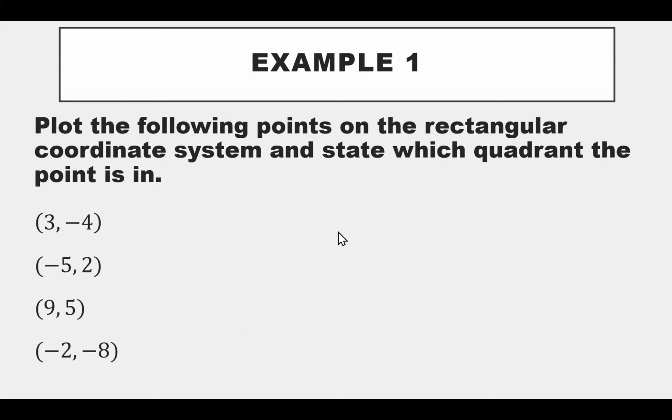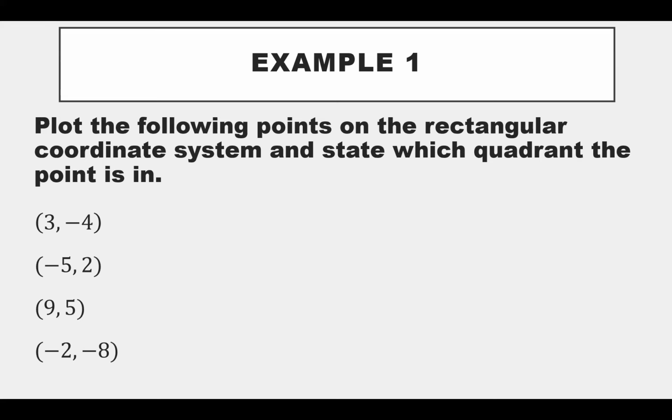So let's go ahead and plot some points on the rectangular coordinate system. And when we do that, we'll also state which quadrant the points are in. Here are 4 points: (3, -4), (-5, 2), (9, 5), and (-2, -8).